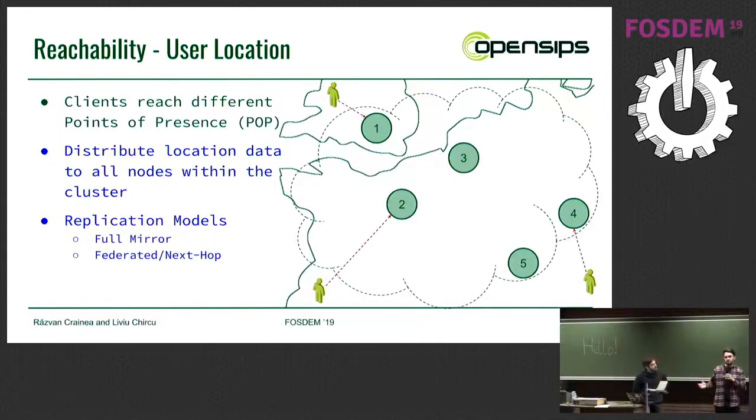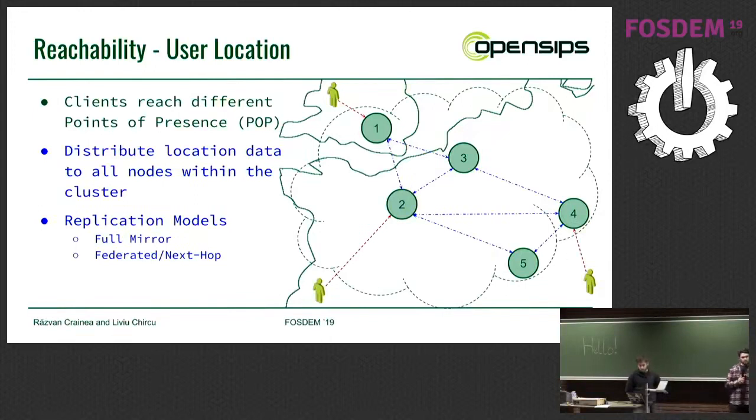He doesn't really know if he's in Paris or somewhere else. So in order to be able to do that, we need to distribute the location data among all POPs, so that when a call gets to node 1, it should know that the endpoint is registered in node 2, so it's able to see the customers that are in node 2.